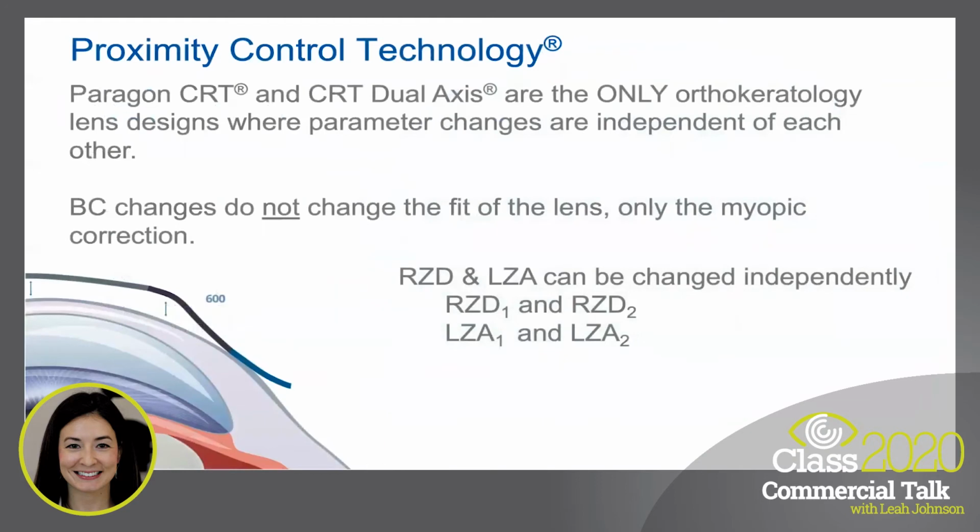One important thing to note is that Paragon CRT and CRT dual axis are the only orthokeratology lens designs where the parameter changes are independent of each other. Base curve changes do not change the fit of the lens, as in other types of GP or Ortho-K lens designs. The base curve is only for the myopic correction.